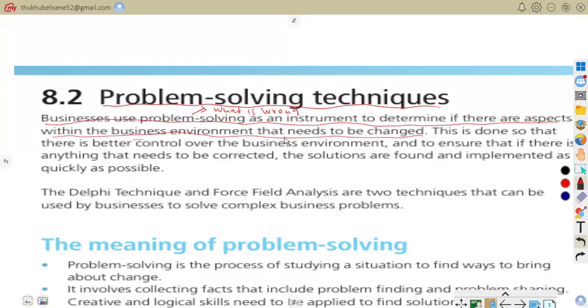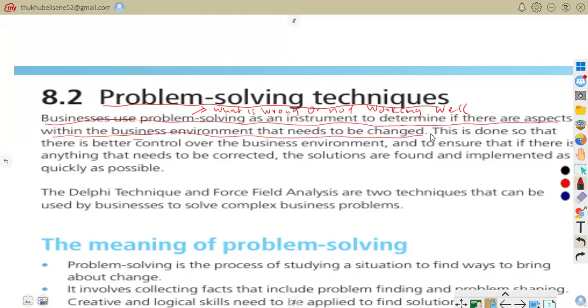For example, a business notices that there is a decline in sales, and they investigate what is the cause of that. Hope you're together on that.